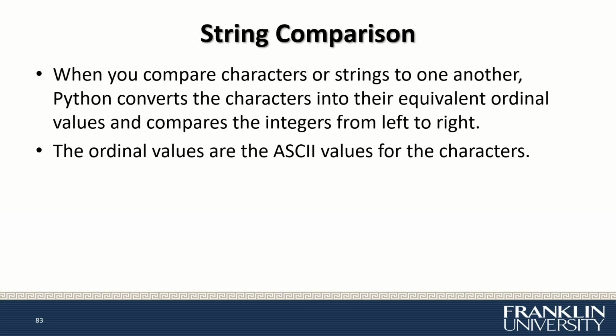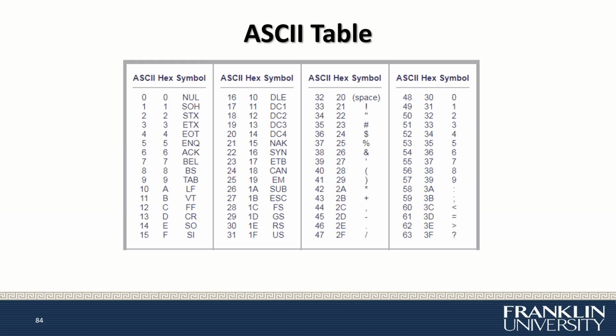When you compare characters or strings to one another, Python converts the characters into the equivalent ordinal value and compares the integers from left to right. The ordinal values are the ASCII values for the characters, and ASCII is how we encode the characters. This is the ASCII table.